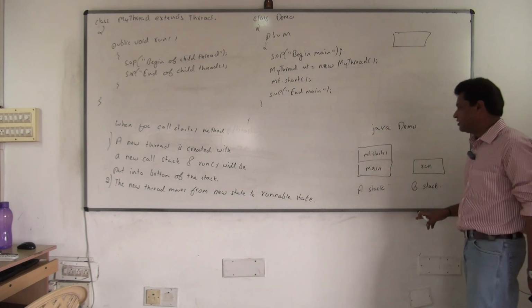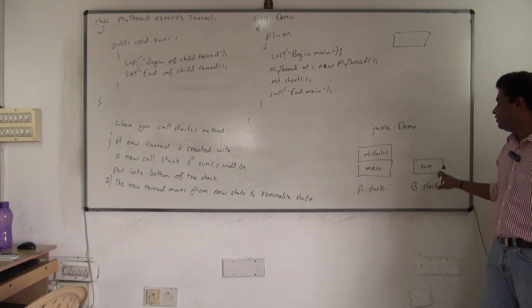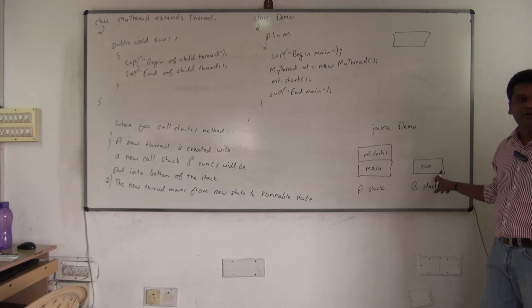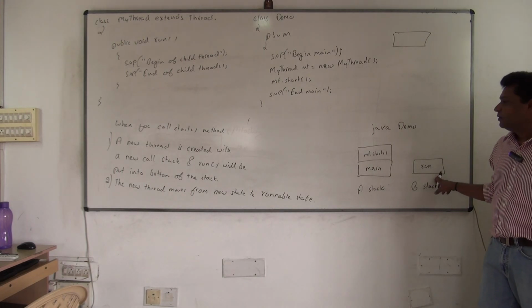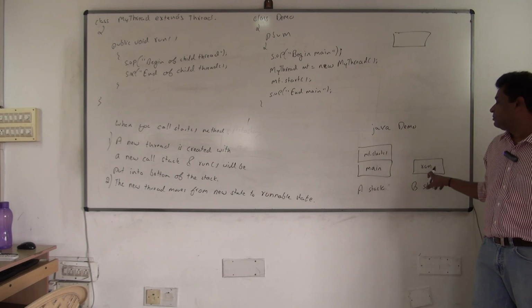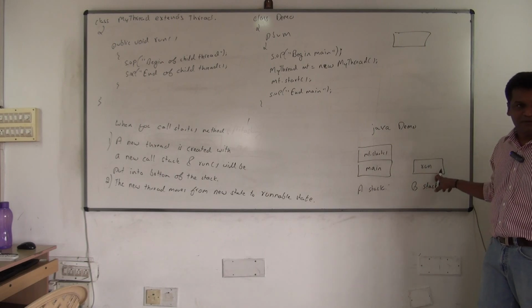So the same thing I am telling you now. A new thread is created with a new call stack and the run method will be put into the bottom of the stack. The new thread moves from new state to runnable state.